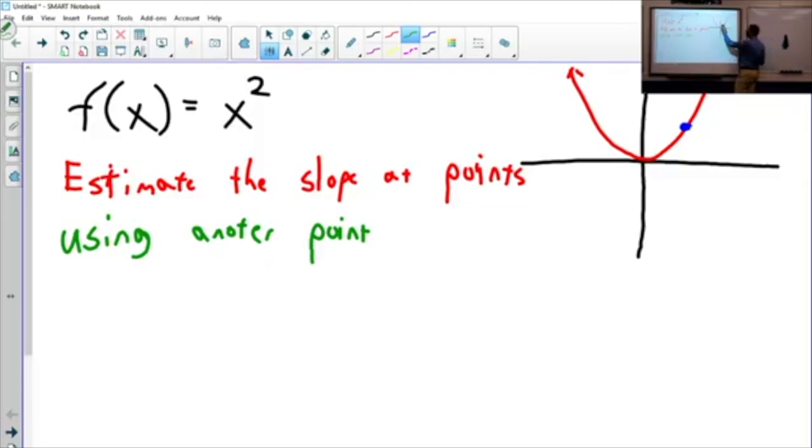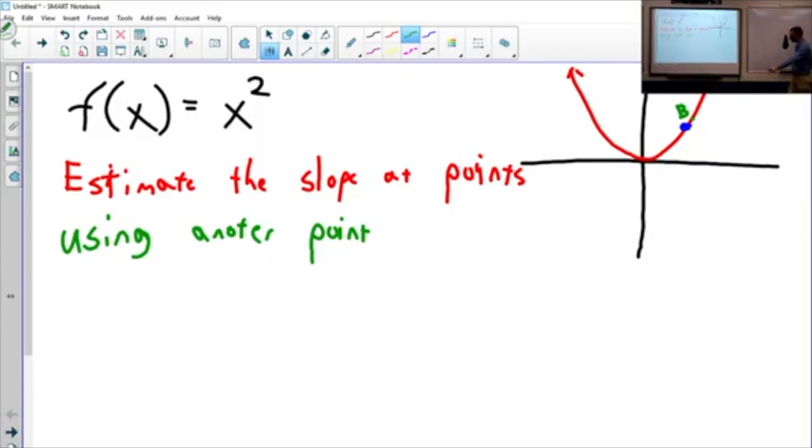If we want to find the slope at this specific point, let's say I pick a point to the right of it. Let me give two options. So here's point A, and here's point B. Which one do we like better as an estimate for the slope? B. B would be a better estimate. Why? It's closer.